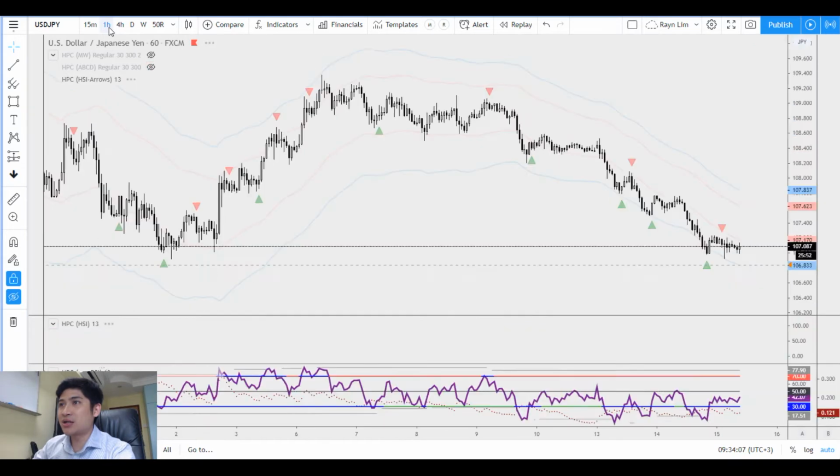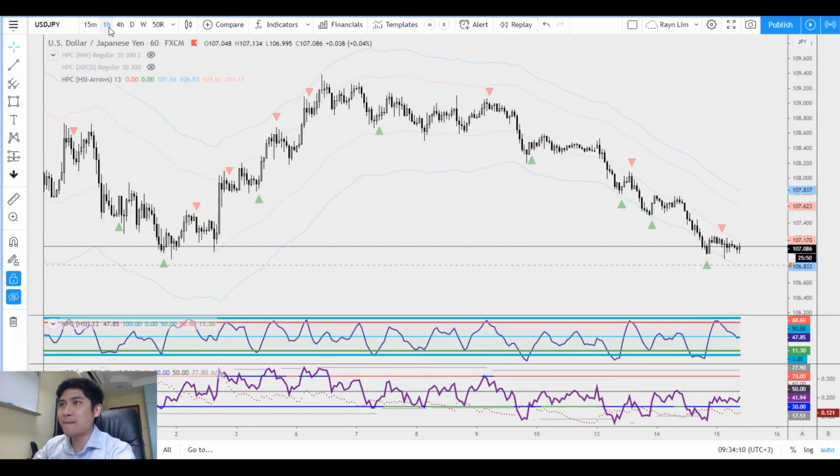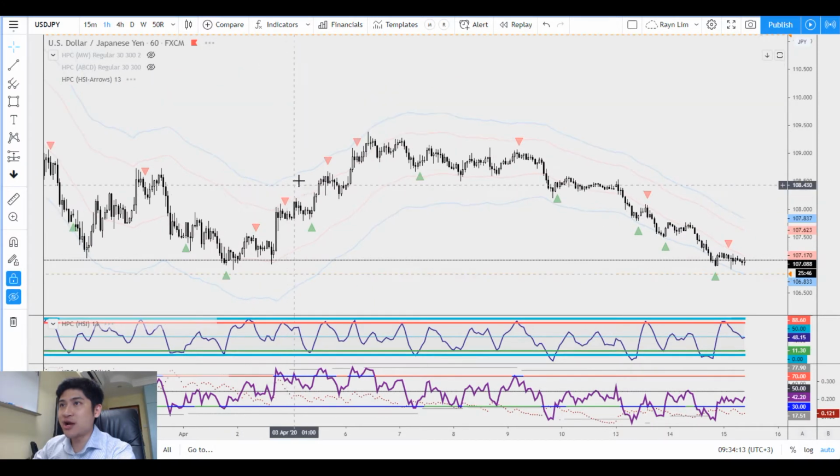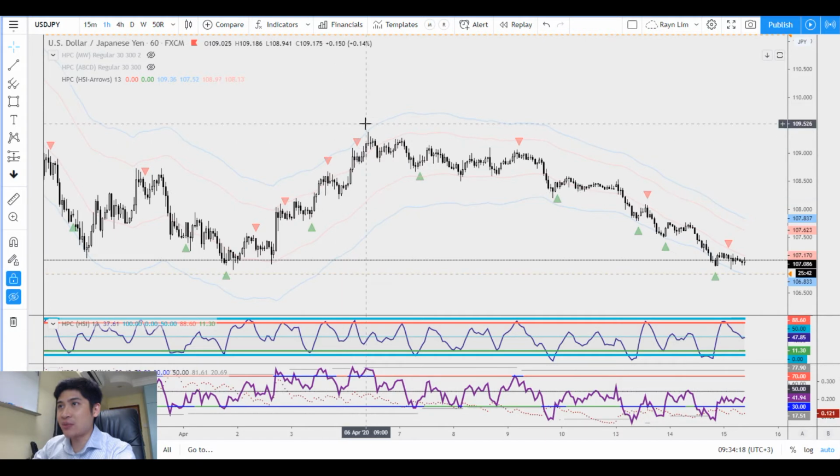To the 1-hour chart, have you spotted anything yet? So let's look at the trend. This was the trend that had an upwards movement. Okay, market broke and closed below, sell zone over here.